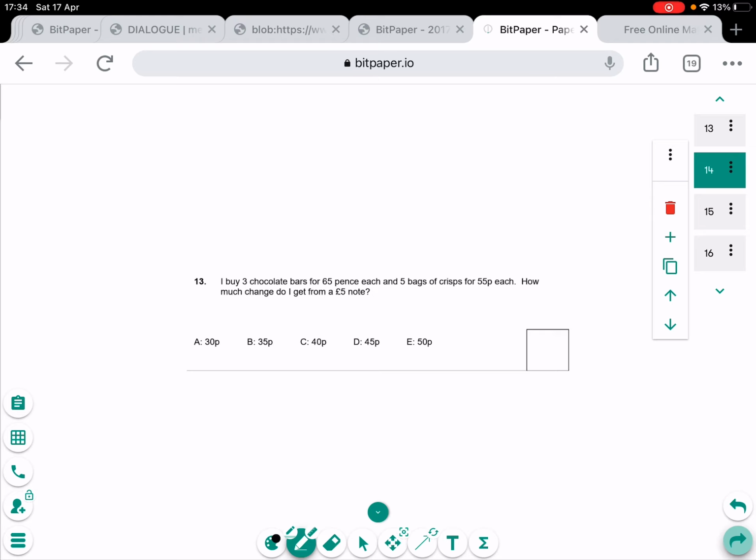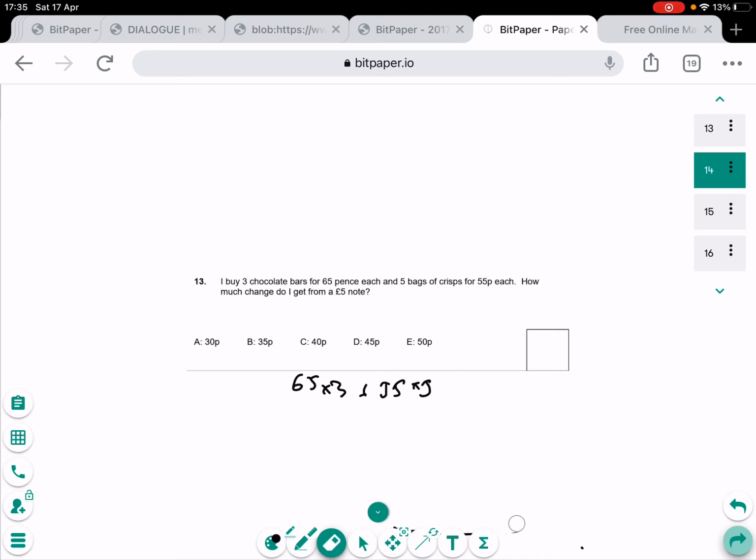So that would be 65 times 3, and 55 times 5, and you add them up together.